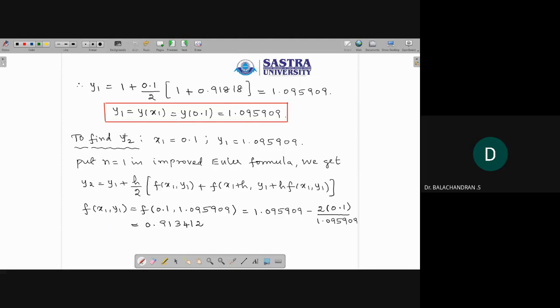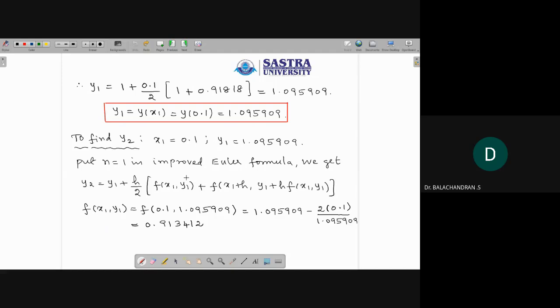The same procedure to find the value of y2. To find y2, you need x1 and y1. So x1 is 0.1 and y1 is what we just found. In the improved Euler formula, substitute n equal to 1, we get y2.